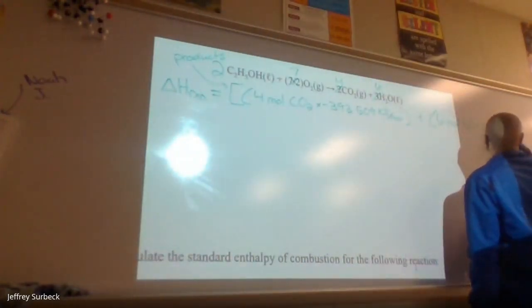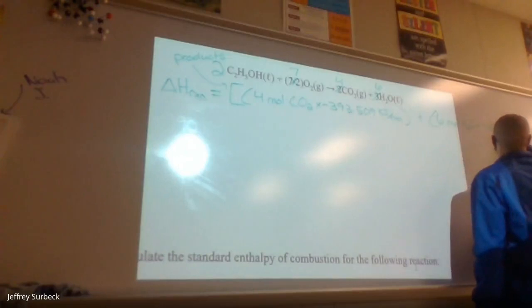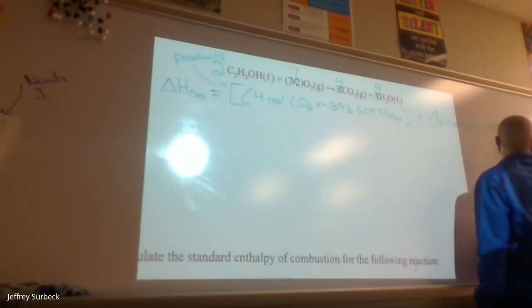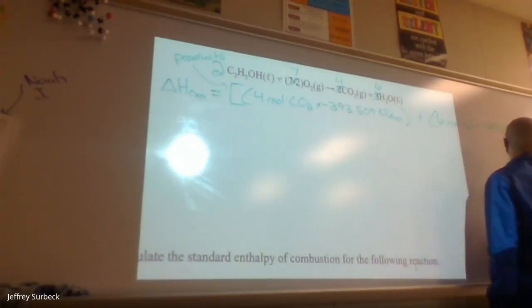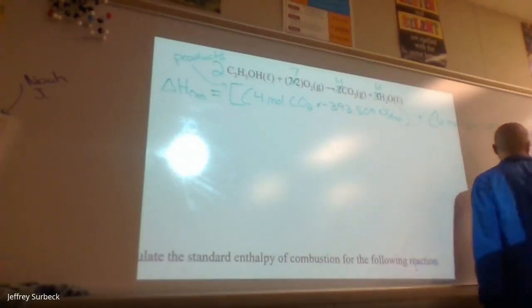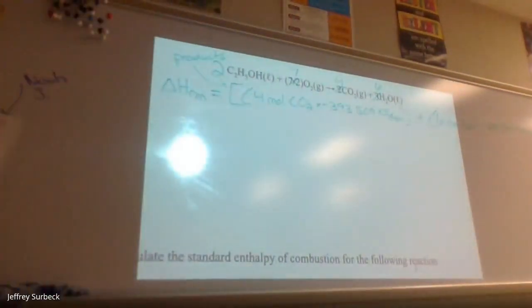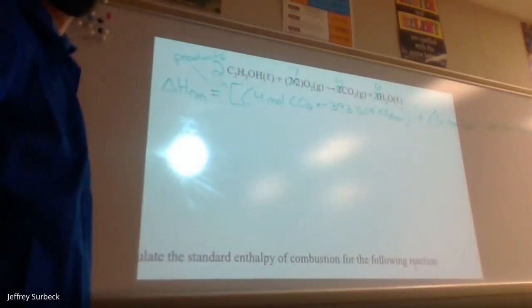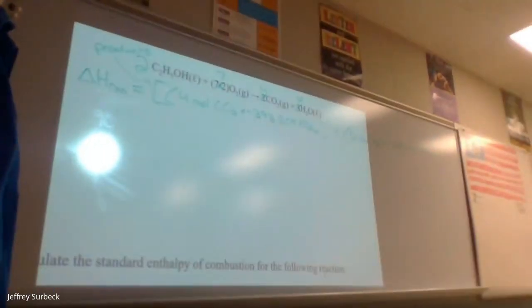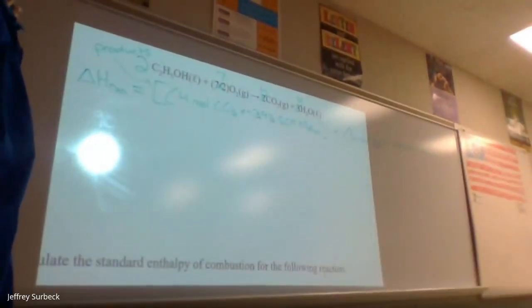Perfect. 830. Yes. And that is kilojoules per mole. Now, we have all our products. Again, it's a long, stretched out problem. We then can shift gears to our reactants.